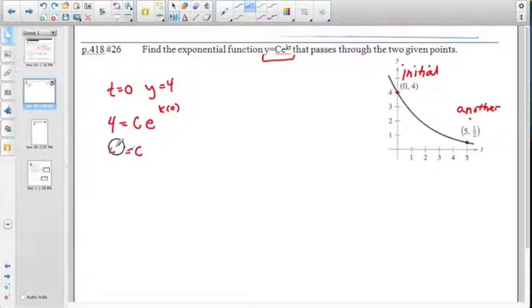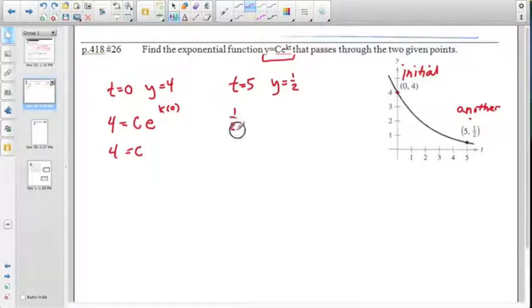So we have a constant of 4, and then we can use that next condition that when t equals 5, y equals 1/2. So we can use that to solve for, in this case, our decay constant. This is a decay shape. It's something that decreases over time.